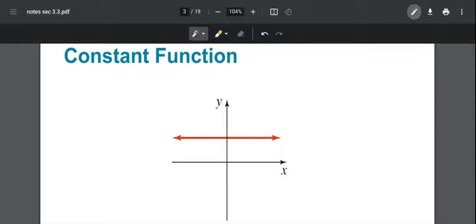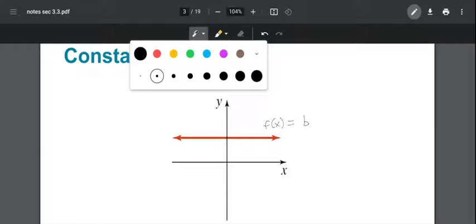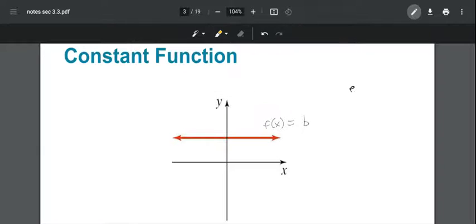The equation of this graph is f of x equal b. For example, f of x equal 4. So you're going to have a horizontal line. A constant function is going to be a horizontal line.